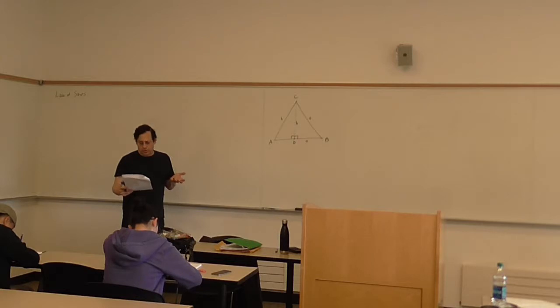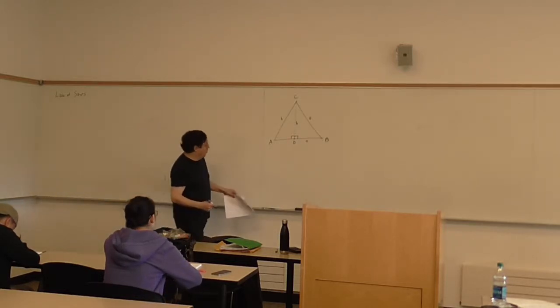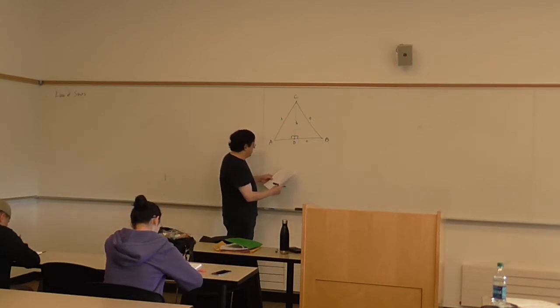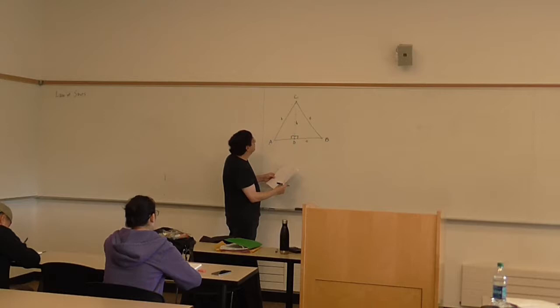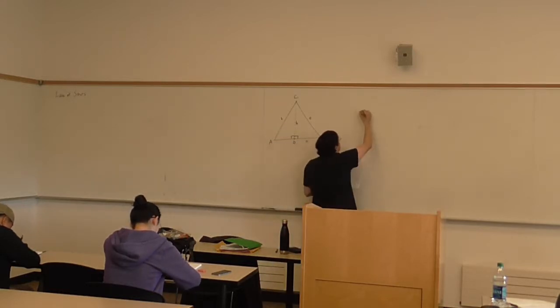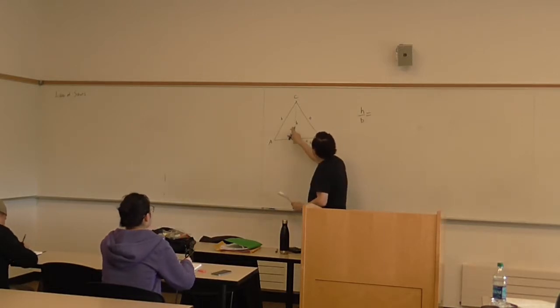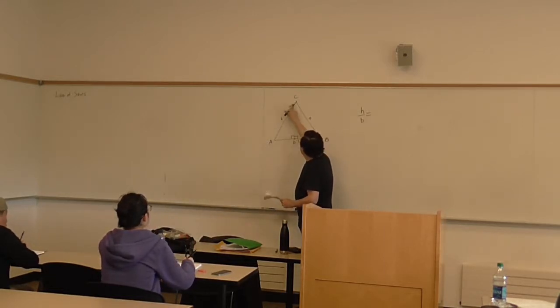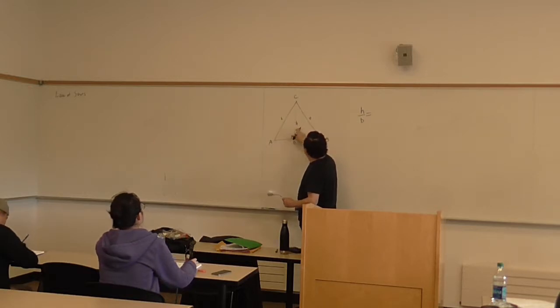Now we're going to use some trigonometry here. We're going to note that H over B is what? H over B, this is a hypotenuse, this is a leg of a right triangle.